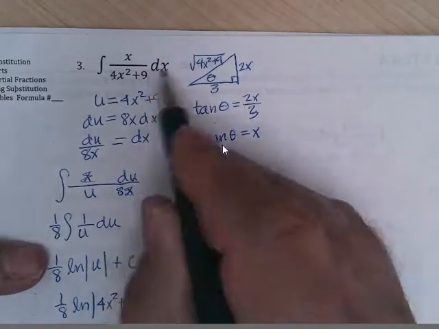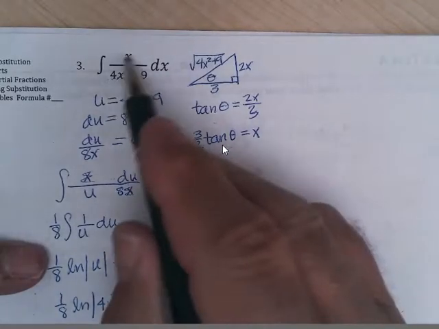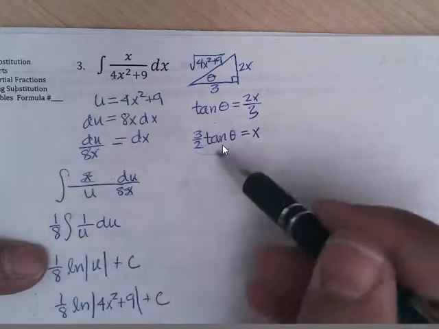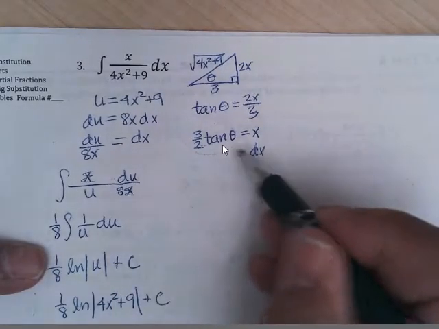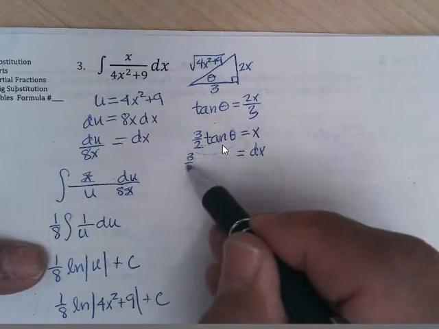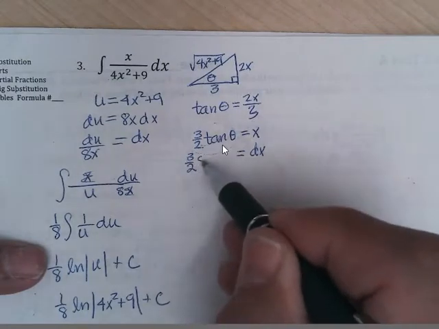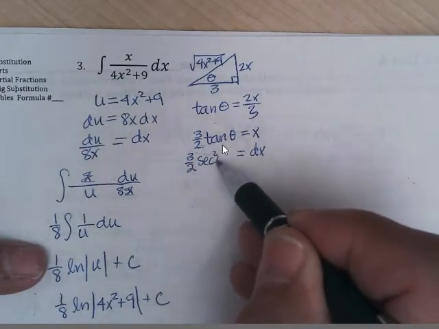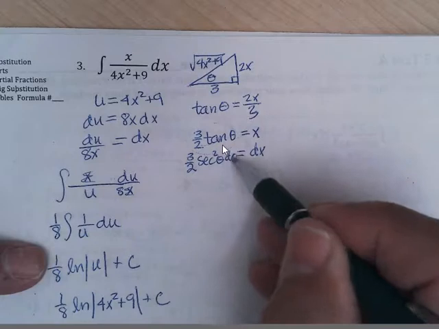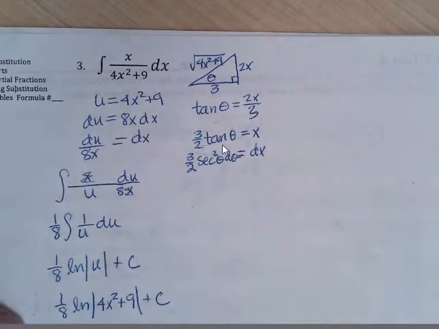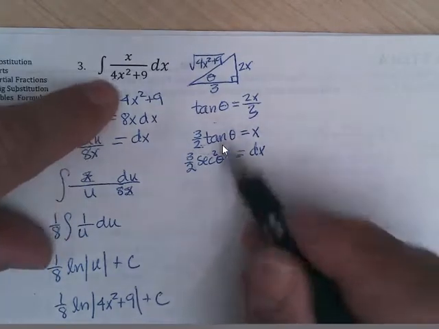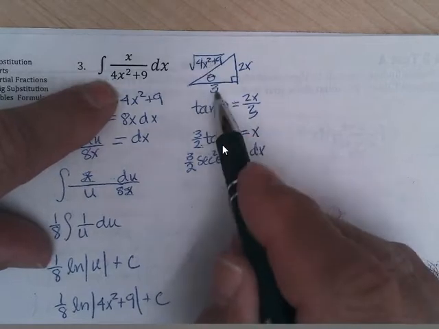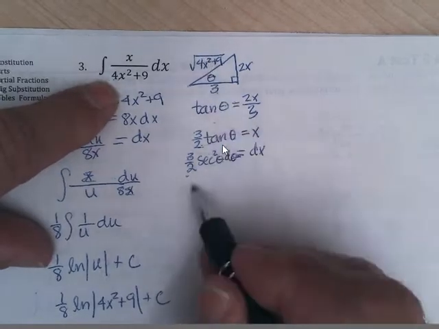We got to replace the d theta, and you would have to do that also if you were doing this. And so dx, the derivative of this side, would be 3/2 derivative of tangent is secant squared theta d theta. And we'd have to replace this. That over 3 is the secant.